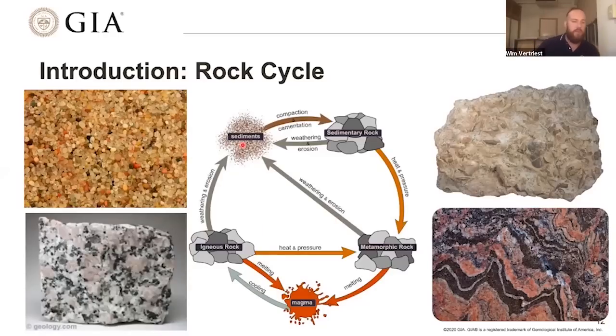Sediments can be really small, they can be bigger, but it's basically loose pieces that are all thrown together on a pile. Now, if you start burying those again and you start compacting them and really solidifying them, you get a sedimentary rock. You can see an example here on the right where we have a sedimentary rock buildup of fragments of living organisms, shells, and stuff like that.